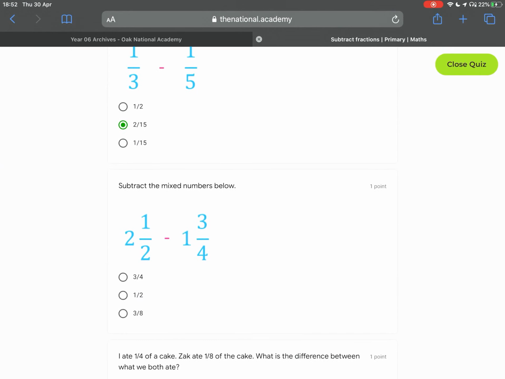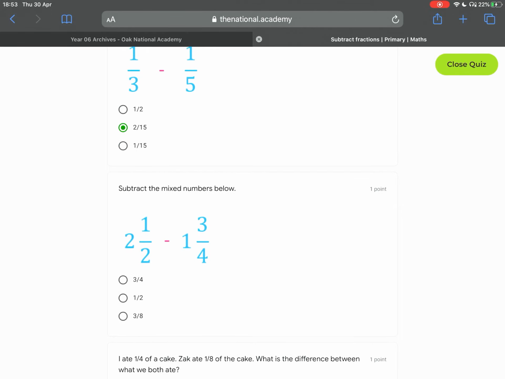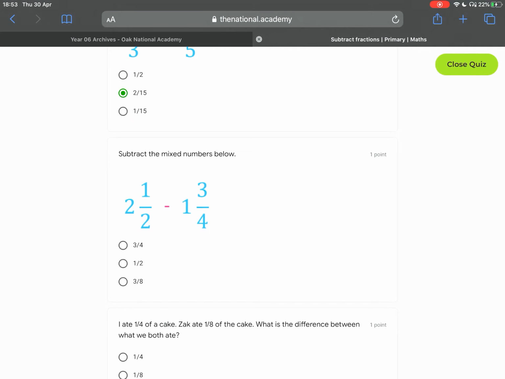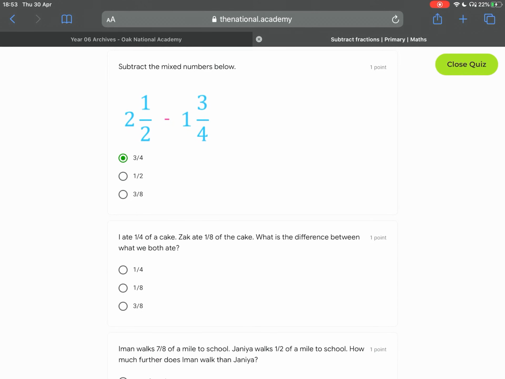Subtract the mixed numbers below. This one is easier. So here you turn the 2 and 1/2 into 2 and 2/4. So let's see, to subtract 1 and 3/4, which would be 3/4.